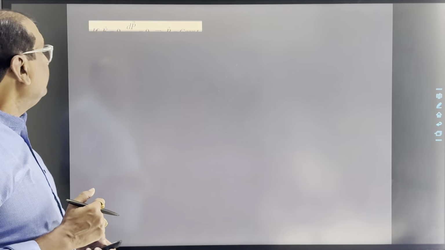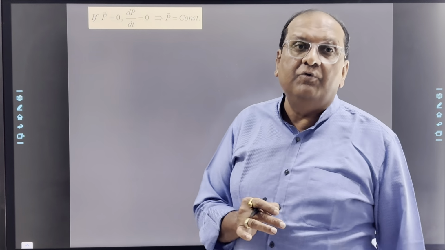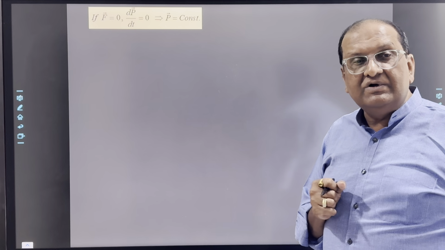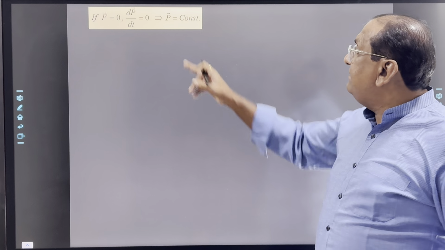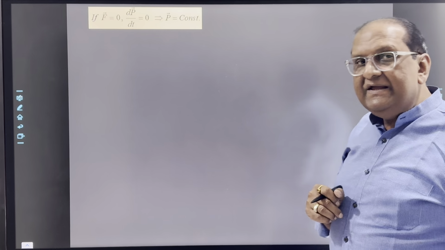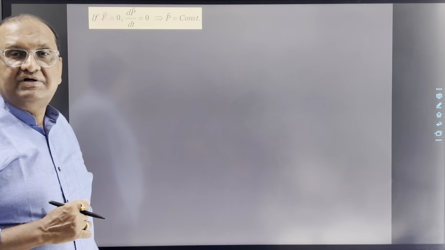Now see, here if we take this resultant or net external force acting on the system of particles equal to 0, then we can write dP by dt equal to 0. So P, the total linear momentum of the system, remains constant.